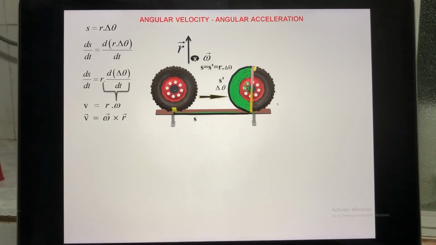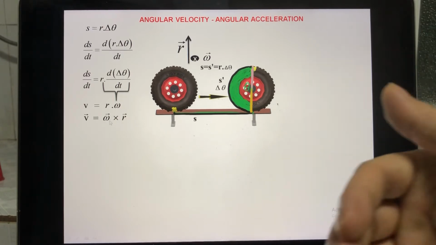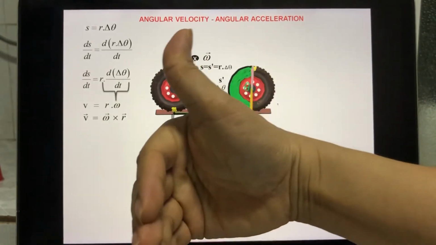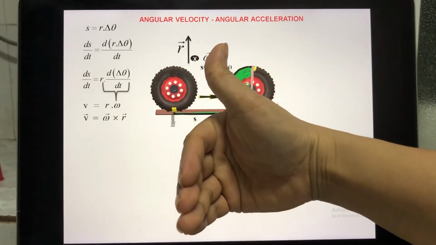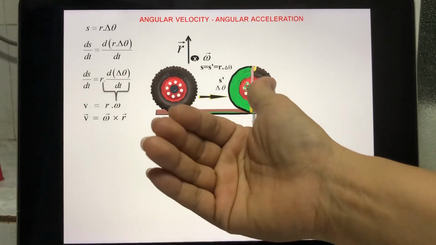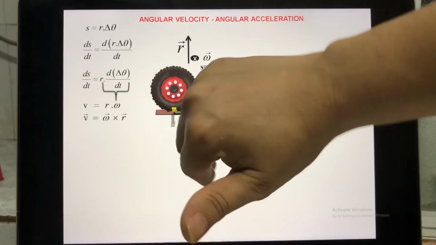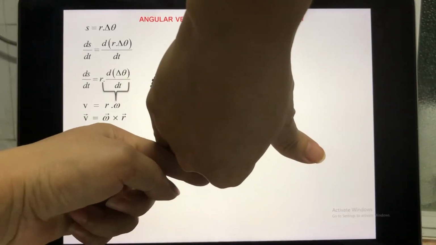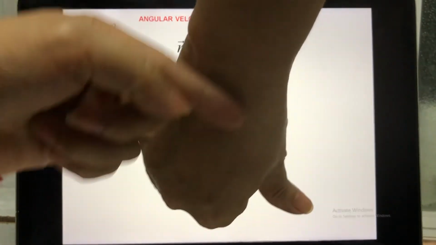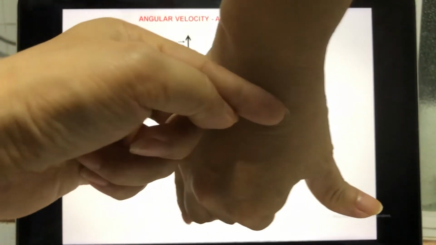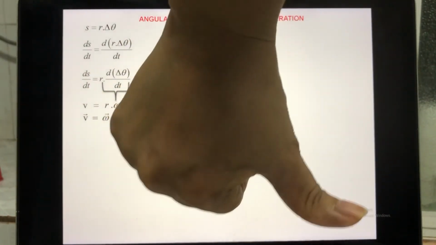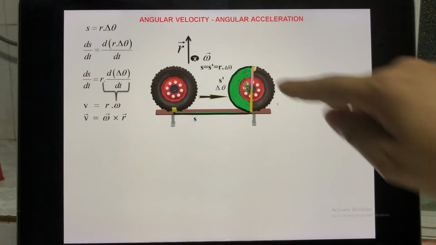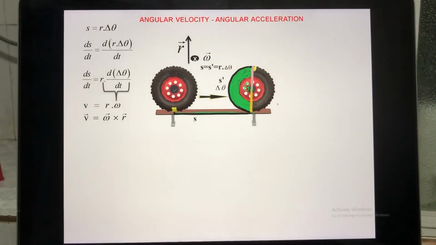The first vector, you put along the omega. Here I have my right hand, and I put it like this. The first vector is along the omega, so I have to put my fingers in. The second vector is up, so from here in is the omega. From here to the wrist is the vector r, and the result vector is the thumb. So the velocity vector has to be in this direction. It's like this.